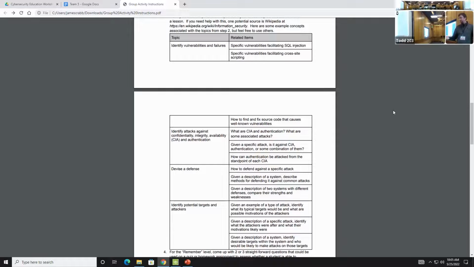For example, from the first one, identify vulnerabilities and failures, maybe you want to assess students on specific vulnerabilities that facilitate SQL injection, or specific vulnerabilities facilitating cross-site scripting, or maybe looking down at the defense side. You might specifically ask how to go about defending against a specific attack. Choose an attack.